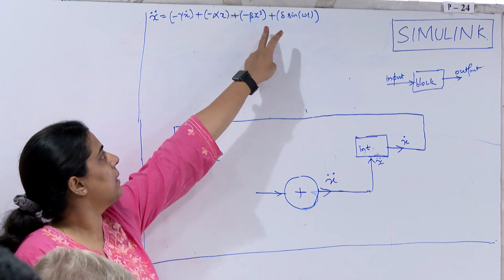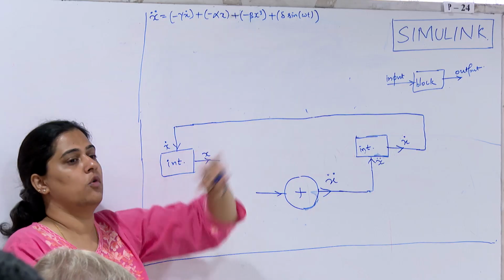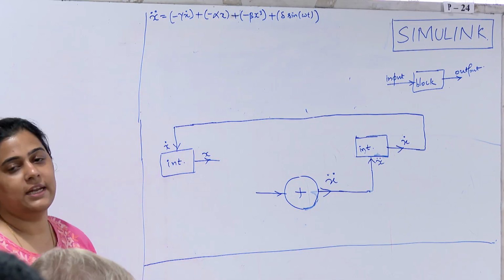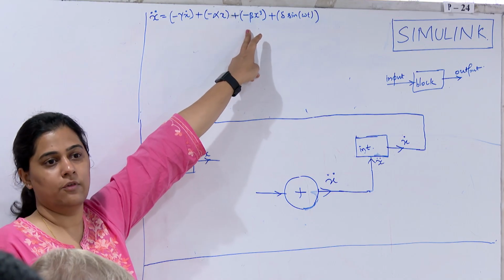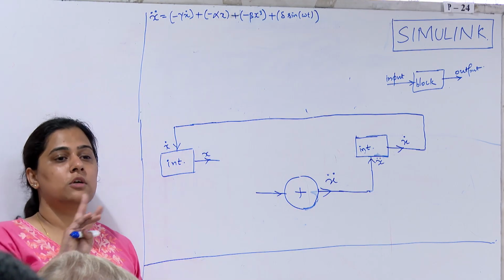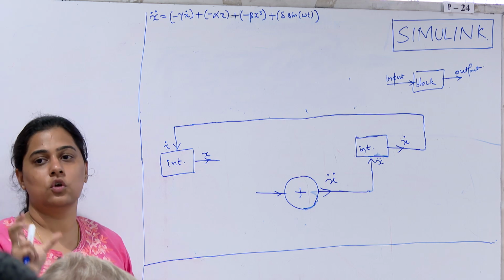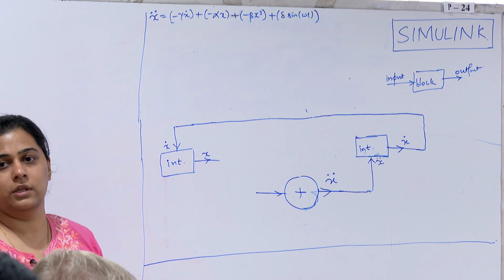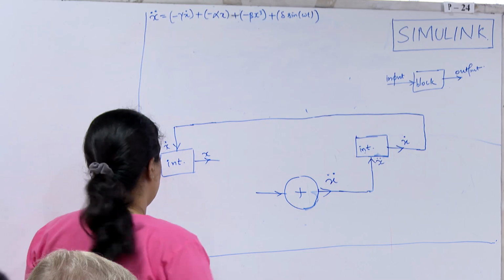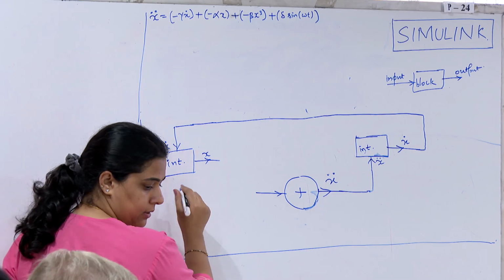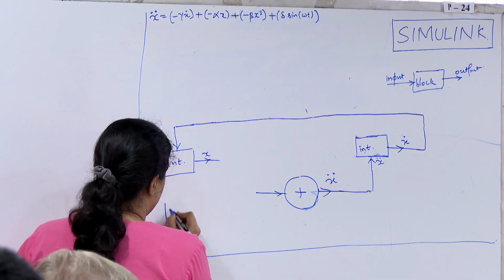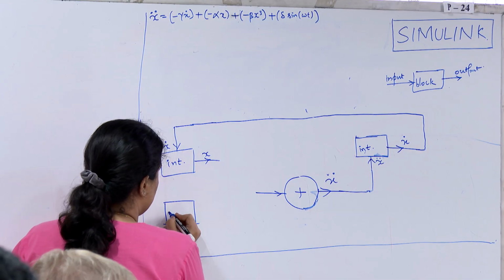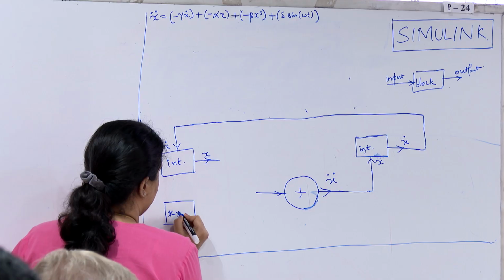Now what do you need? X cube. Right now we are working only on variables. Coefficients we will take care of later. So now you need x cube. For x cube you need a product of x three times, right? So you need a multiplication block, which does the product three times.